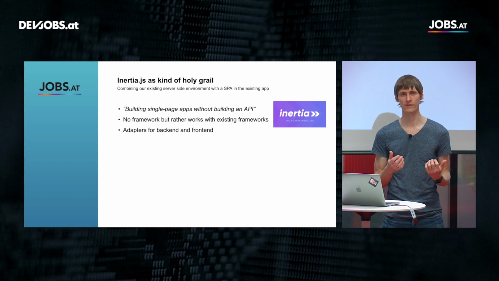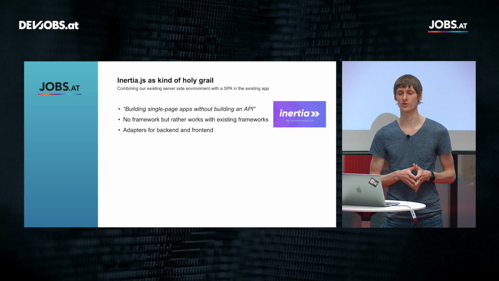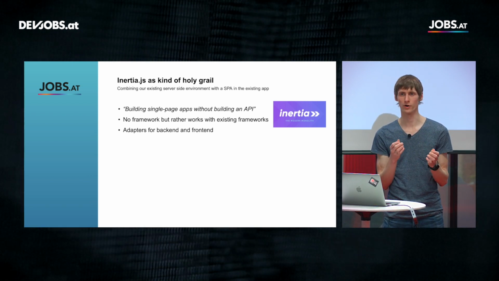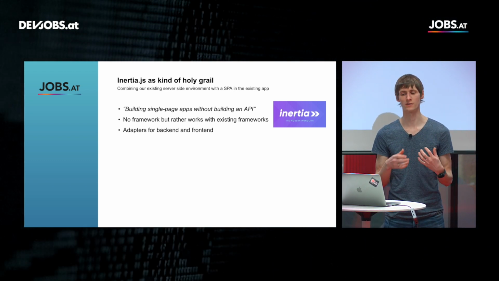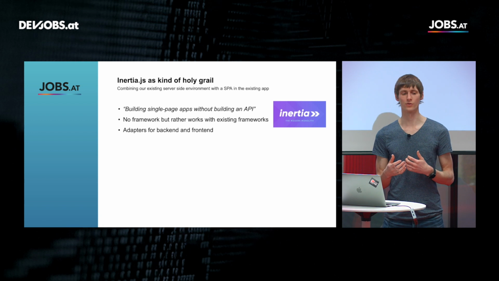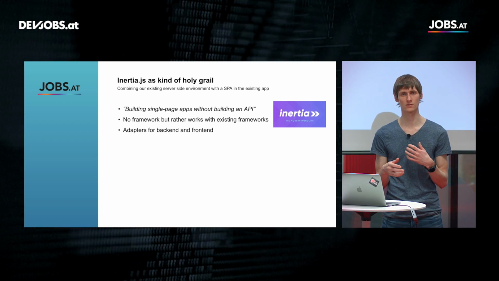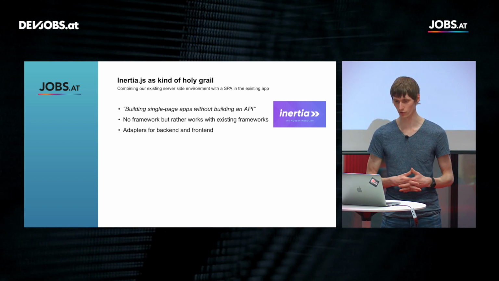This is not a framework on its own, but rather it works with existing frameworks. It's kind of an adapter or glue, more or less, which brings your backend and frontend together in an intelligent way, so that you don't have to do all the client-side routing and state management which you usually have to do with SPAs in the front end on your own.